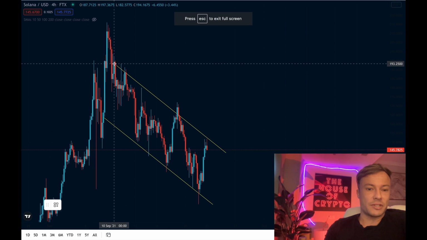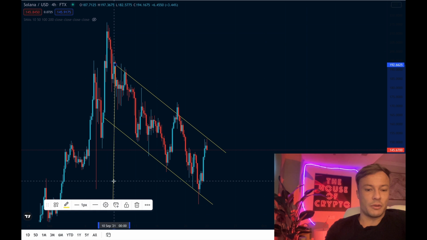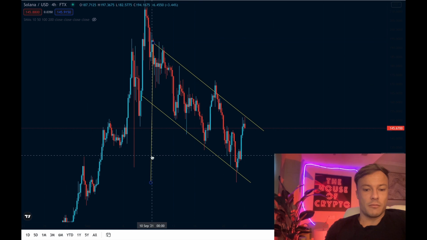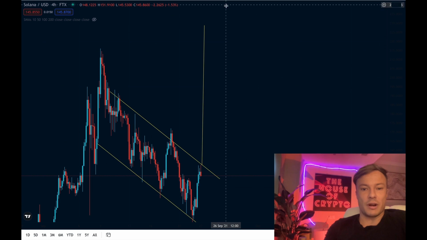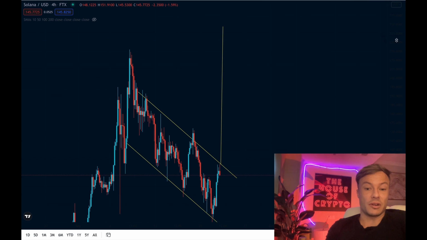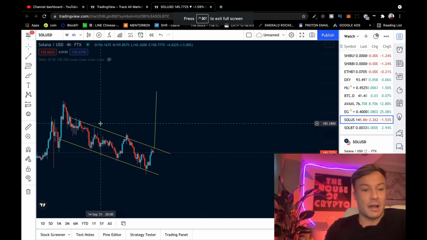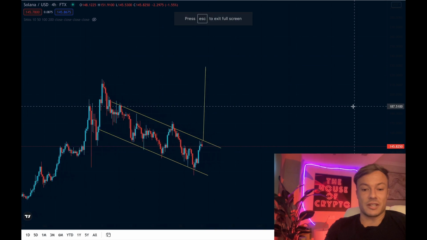So guys, exactly as we've just done there, we'll take from the top of here, drop it down to the bottom here, and we will then move our price marker up to a potential breakout position. As you can see, this would bring us up to $229. Now, I did mention that this might not necessarily right now break out from this area here. There's a few scenarios that could play out.